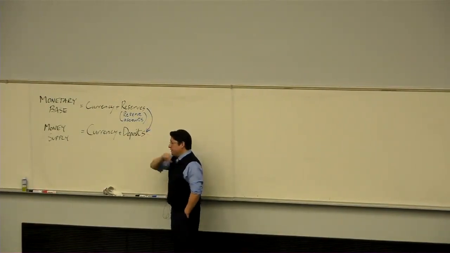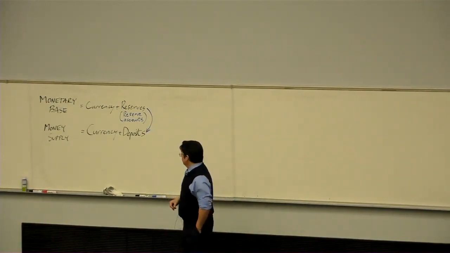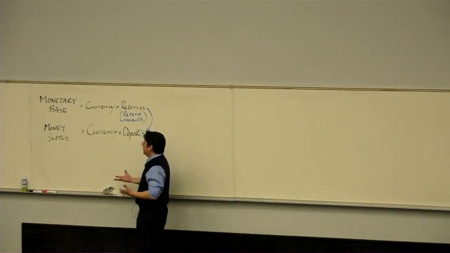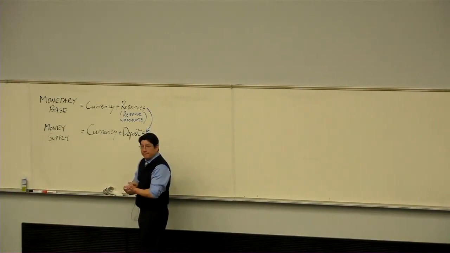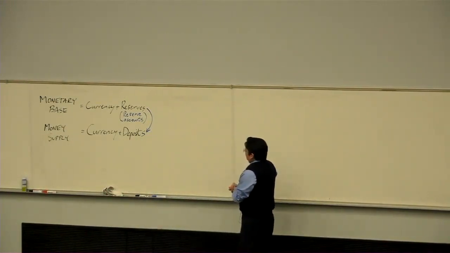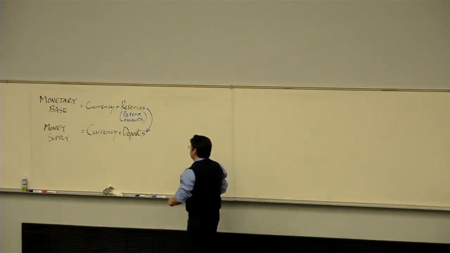And then we'll do it a second time in a sort of more detailed way that I hope will demystify this whole question of how the money supply is determined.